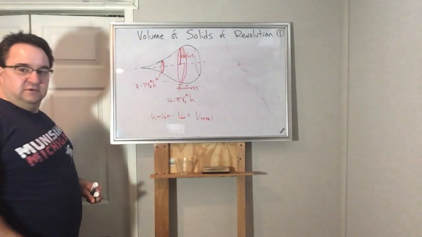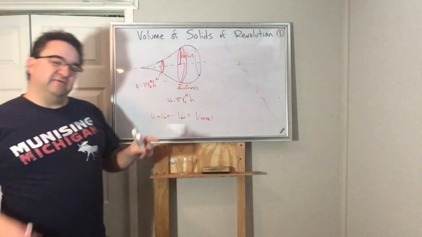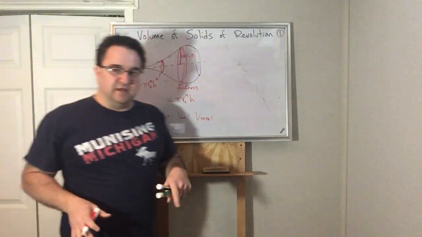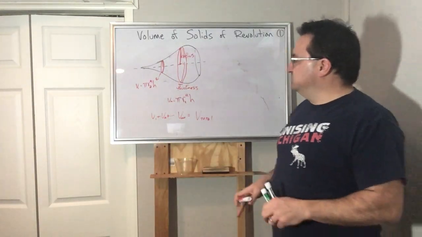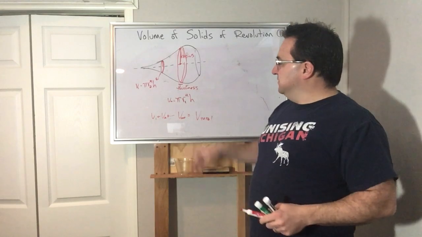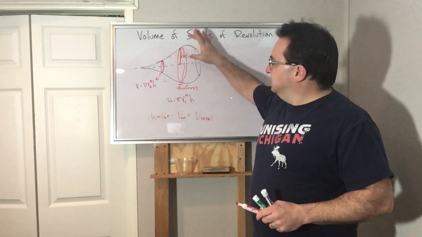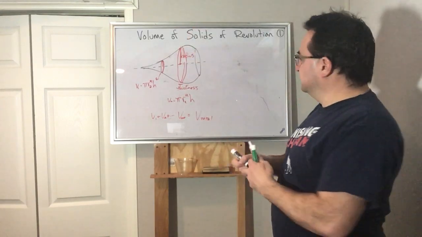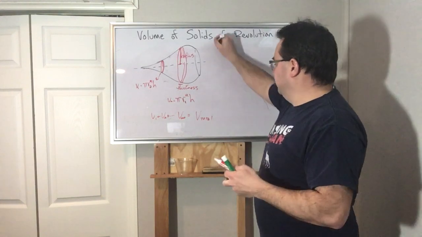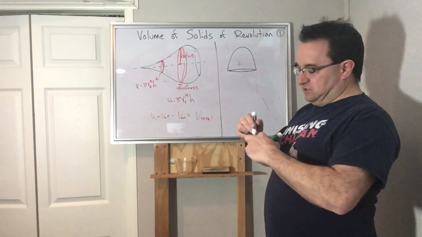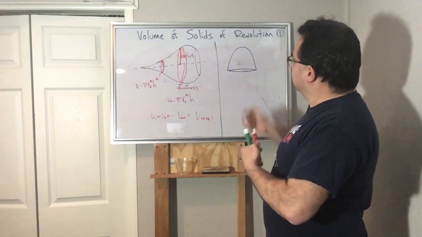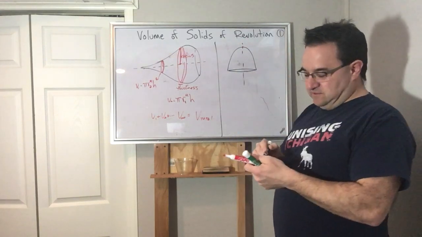Now the picture is going to be very important when we get to our next lesson. We're going to use actual equations and make the equations up. But what we need to see here is the thickness. We need to see the radius. Some of these are going to be vertically oriented, like the one we just did. In which case, when I take a slice of that, imagine the axis of symmetry.